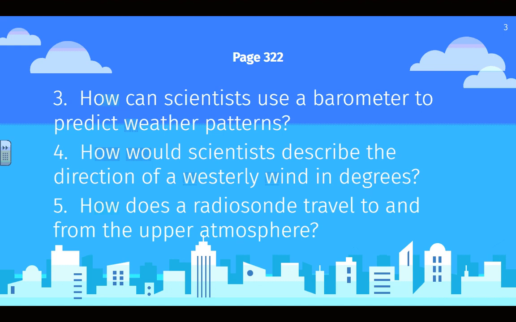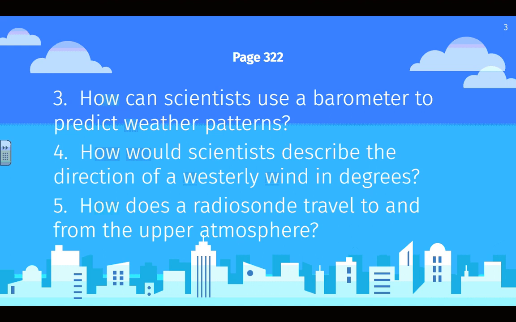Scientists may describe wind direction using one of 16 compass directions. Scientists may also describe wind direction in degrees as shown below. North, northerly: description using degrees, 0 degrees.